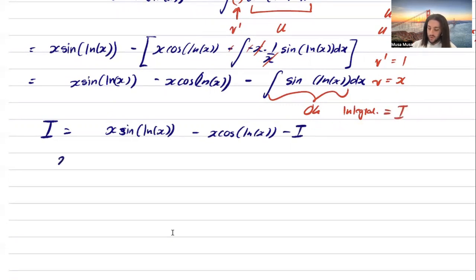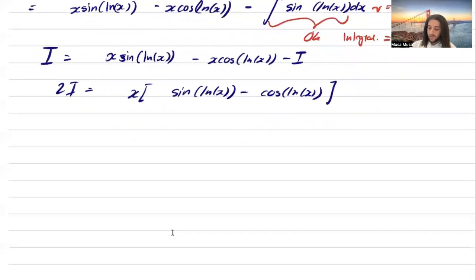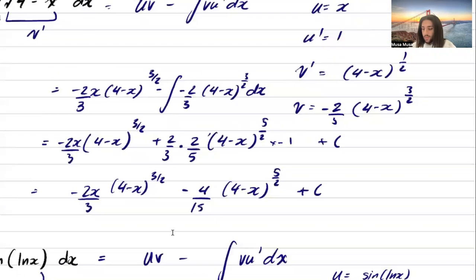And then moving it over, you get 2 of these integrals, and then divided by 2. And there you go. So that one is the one where you have what we call recurrence, right? So it shows up again. Perfect. And then one more.